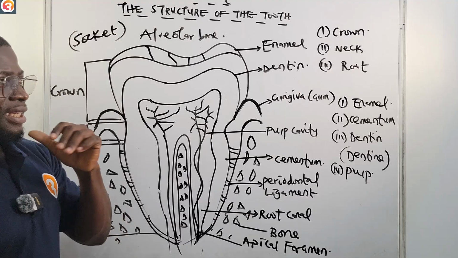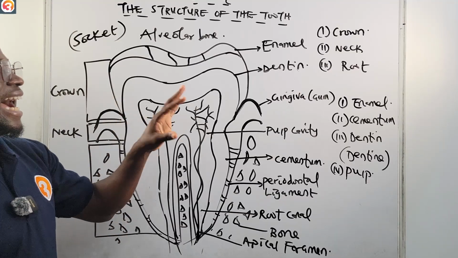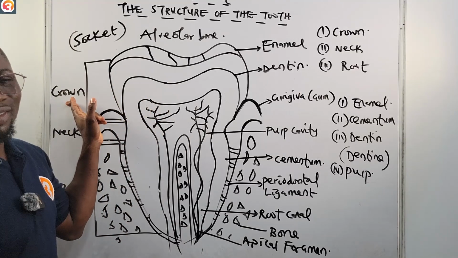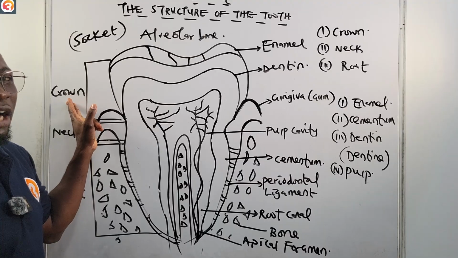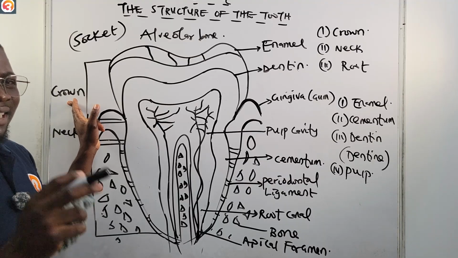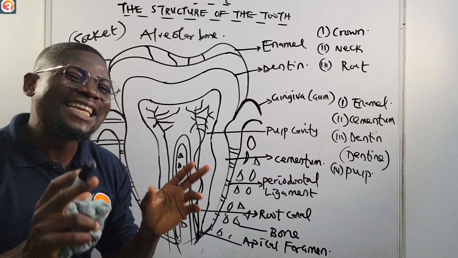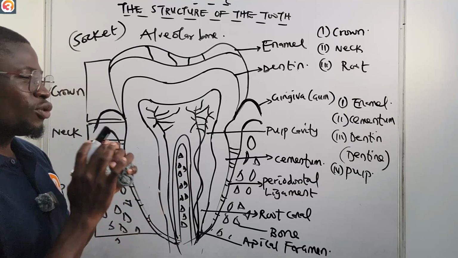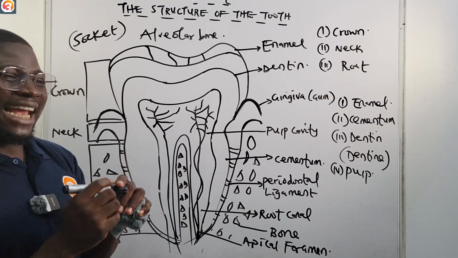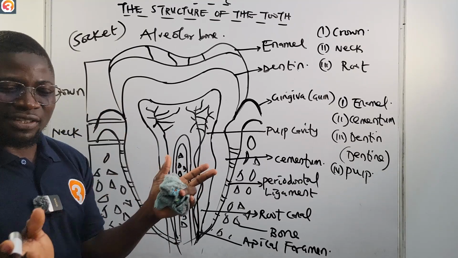Now, the enamel, like I've said, is the hardened layer of the tooth crown, and the enamel does not have any living tissues, like vessels, nerves or cells.